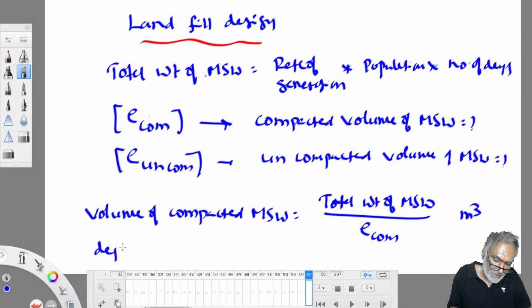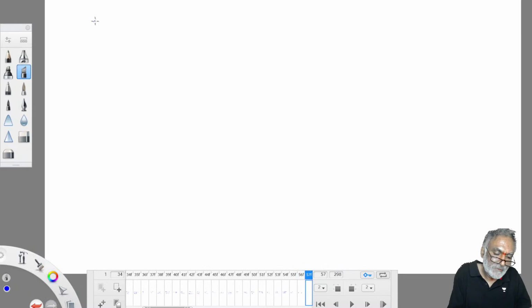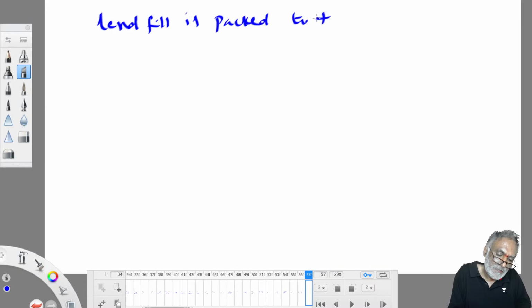Then depth of volume of compacted MSW, suppose that landfill is completely packed to the top, then in that case volume of landfill is equal to volume of compacted solid waste in landfill.